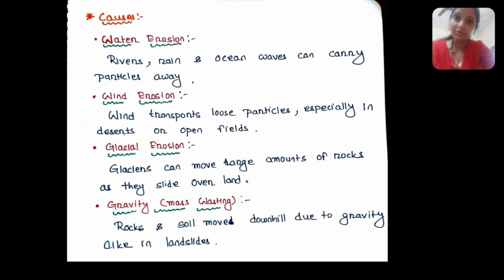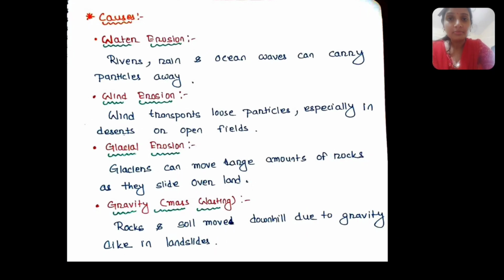So first we will see what water erosion is. When the transport or movement of soils or rocks is carried out by any water body, it is known as water erosion. It can be carried out by rivers, by rain, or by ocean waves from one place to another.